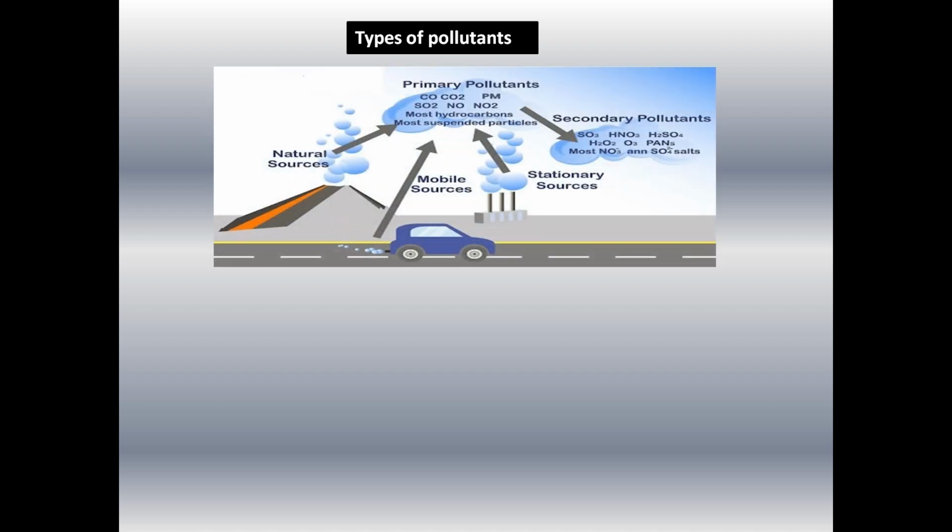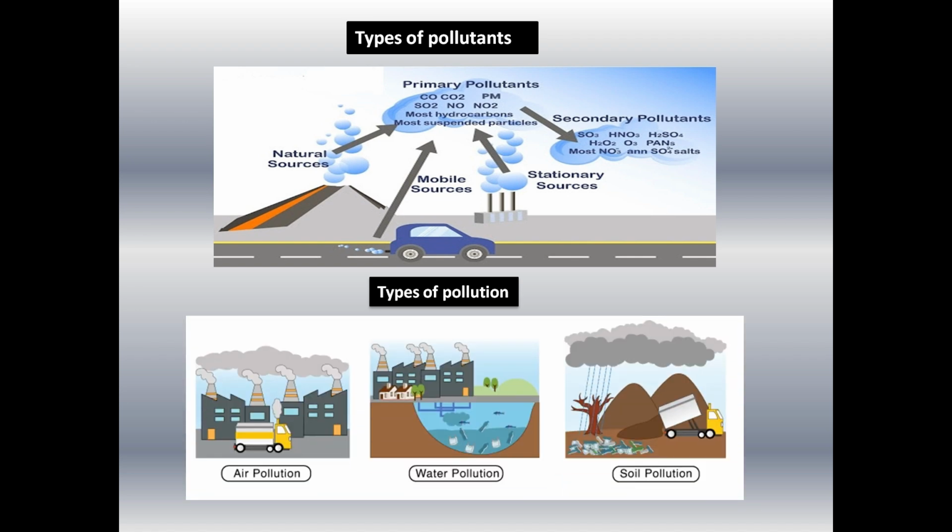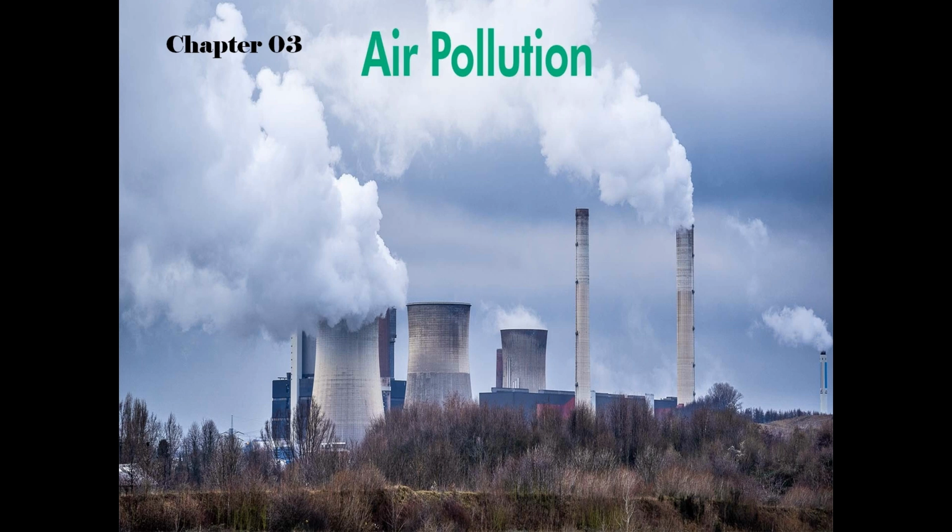There are primary pollutants and secondary pollutants. The primary pollutants are directly emitted by pollution sources. Secondary pollutants are not emitted but result from the physiochemical transformation of primary pollutants. Types of pollution. There are air pollution, water pollution, and soil pollution.